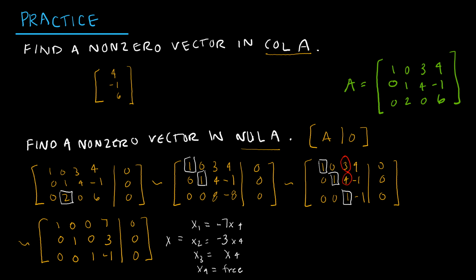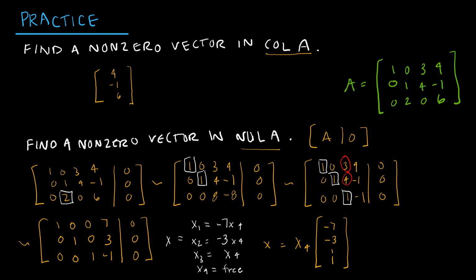So really my solution here, if you'll recall, is that I can write it as x4 times (-7, -3, 1, 1). And from here, I'm looking for, again, a non-zero vector.